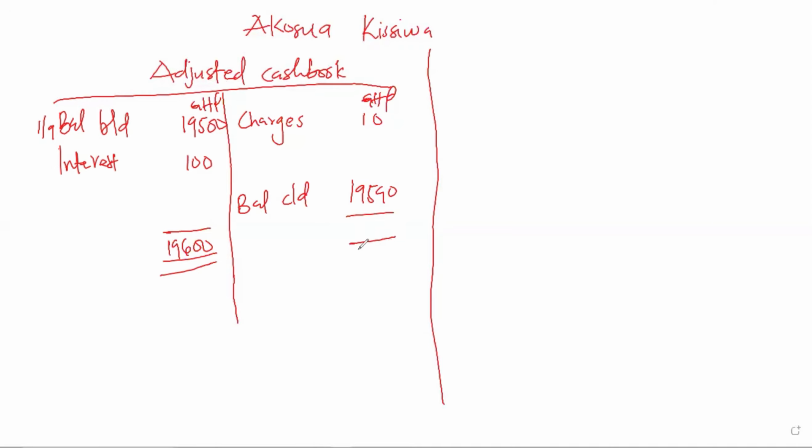Then we add the 10 to make it 19,600. Come here to write our balance. It will be the same as the balance carried down. Okay, so now we are done with our adjusted cash book.